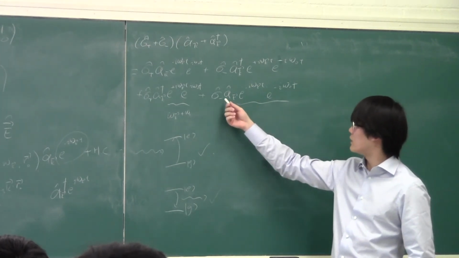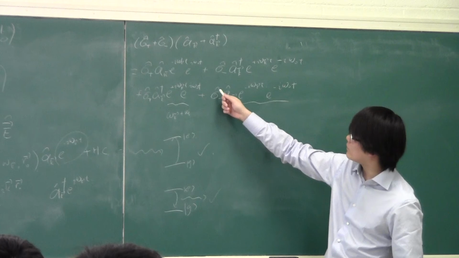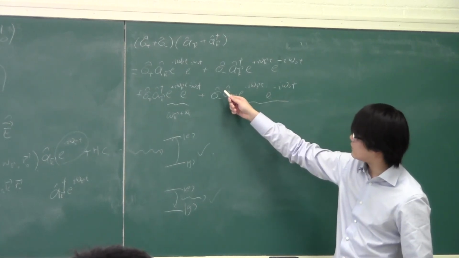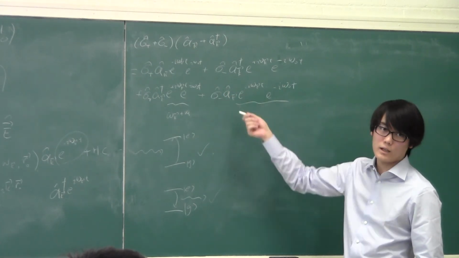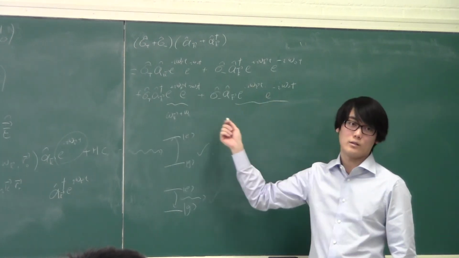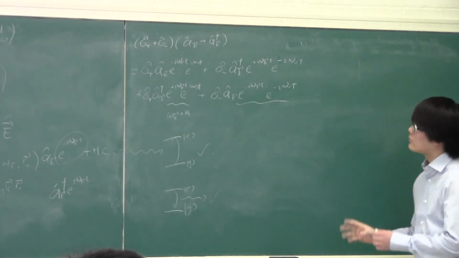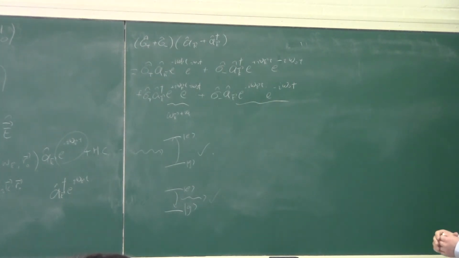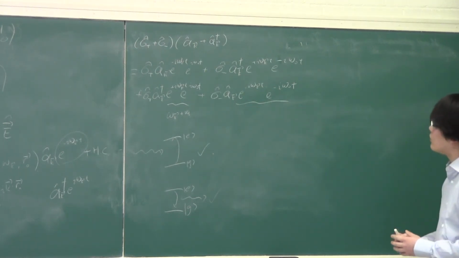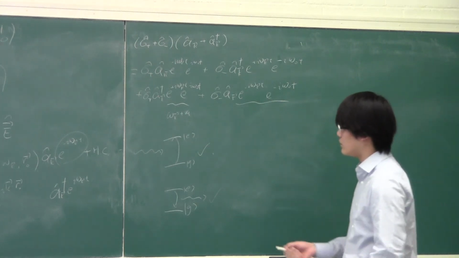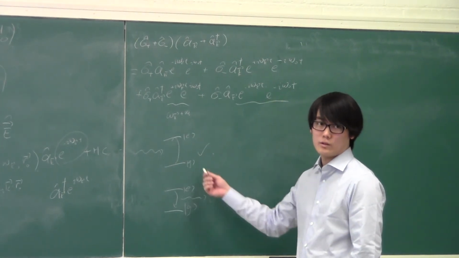Over here, you annihilate the photon while you allow the atom to do a transition downward. This also doesn't conserve energy. So in a simple setting, we could say that the rotating wave approximation is basically just keeping the energy conserving part, which is these two terms.